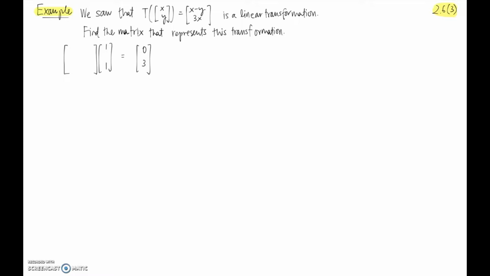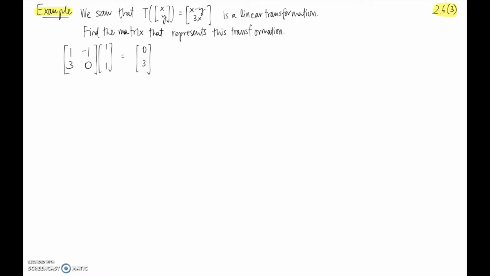I know that this top row combined with this column will equal a 0. So I can see that a 1 and a negative 1 would do the trick to create this 0. That looks like a good candidate for the top row: 1 and negative 1. And then this 3 was coming from the x always. So how about 3 times x and no y involved there.